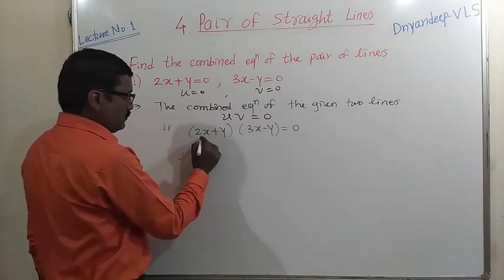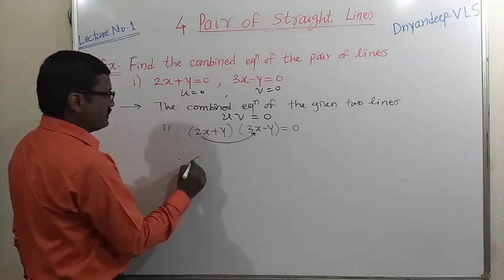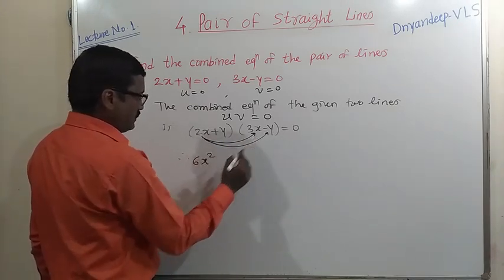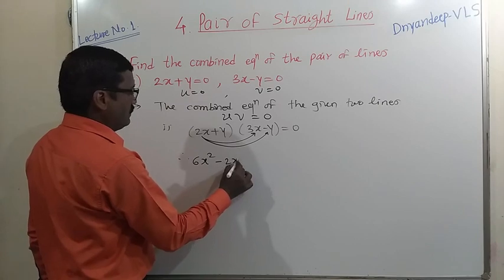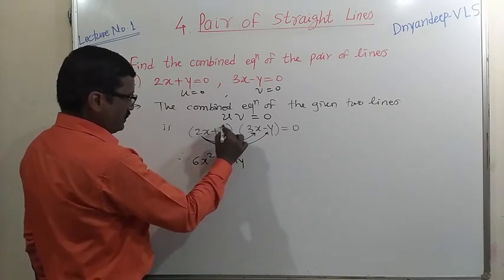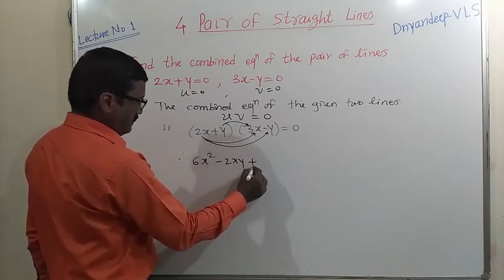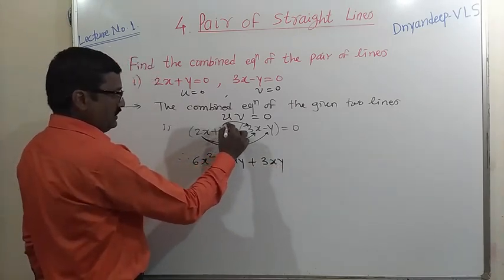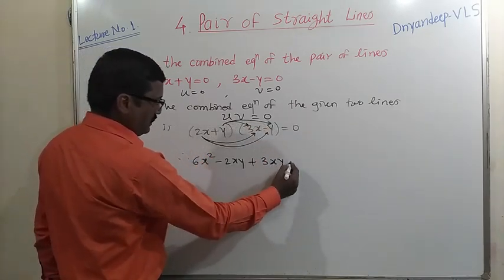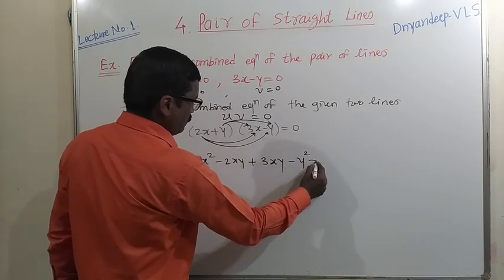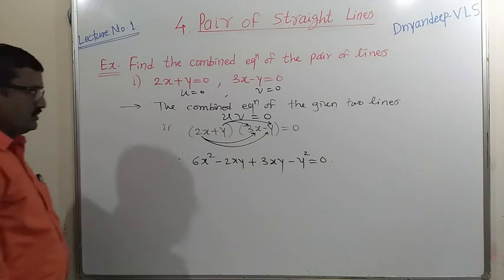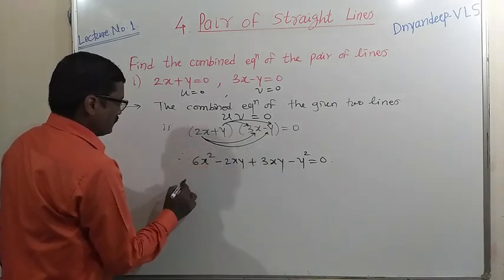It will be 2x into 3x, that is 6x square, 2x into minus y, that is minus 2xy, then plus y into 3x, that is 3xy, and y into minus y, that is minus y square equal to 0. That is the product of these two brackets.